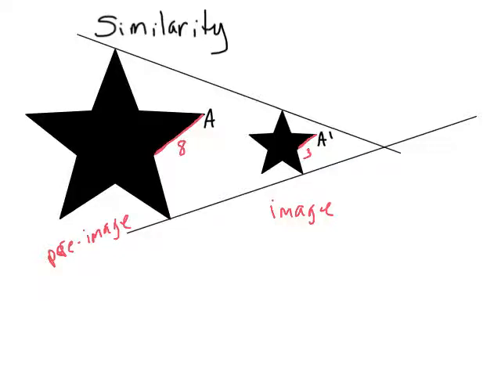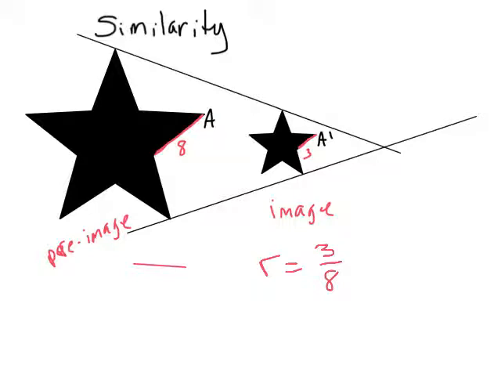Well, if I look at the order, I'm starting with the big star and I'm ending with the small star, so the scale factor is going to be, sometimes the scale factor is denoted R, and sometimes it is denoted by a K. But the scale factor here would be 3 over 8 because I'm shrinking the pre-image down to find the image of A prime.